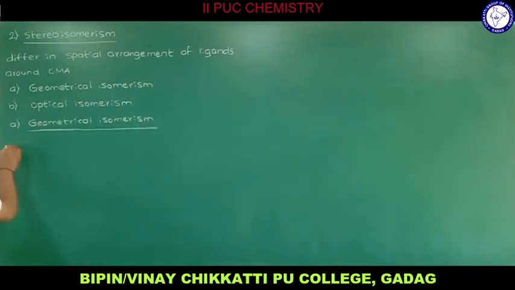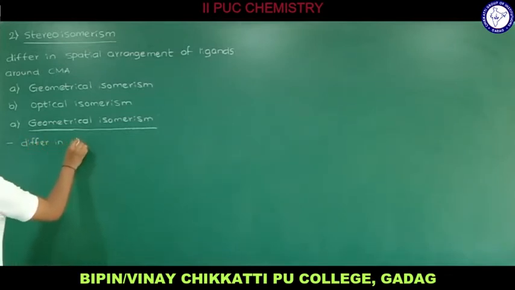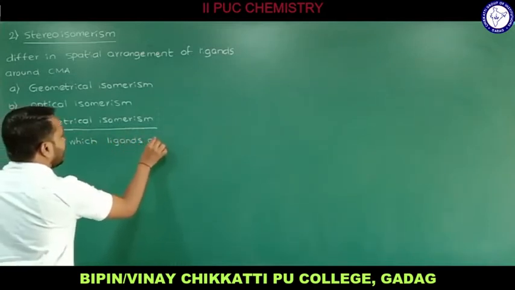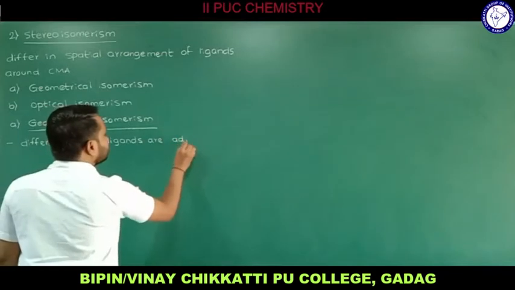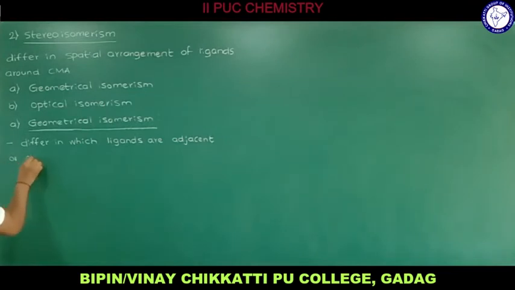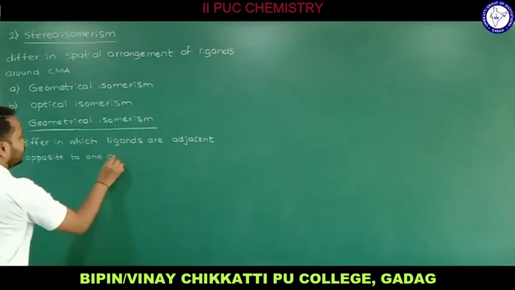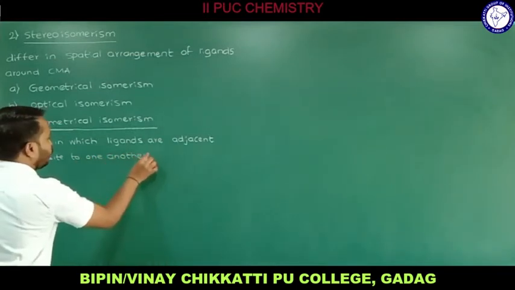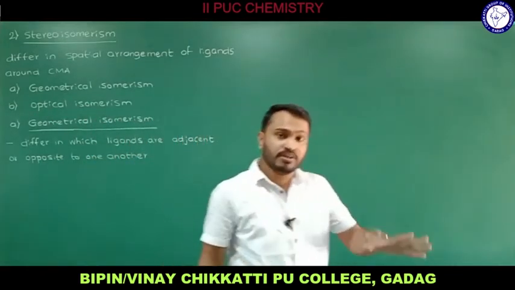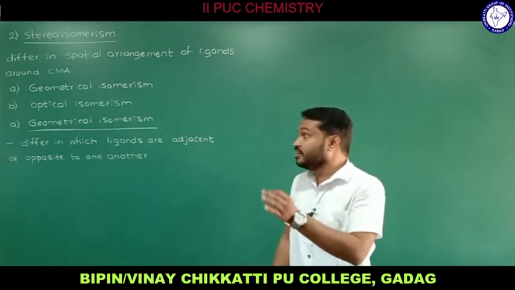Let me write the keyword. Complexes having the same molecular formula but differing in whether ligands are adjacent or opposite to one another in the coordination sphere are called geometrical isomers, and the phenomenon is called geometrical isomerism.